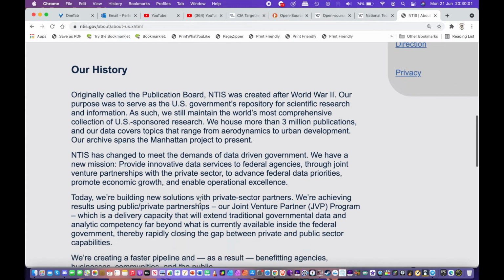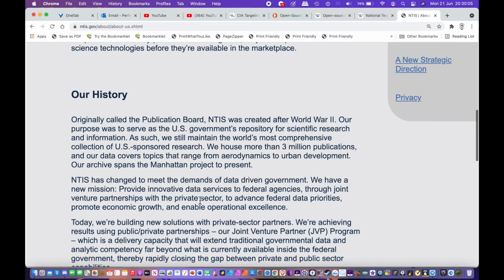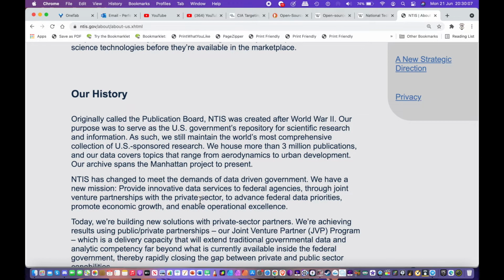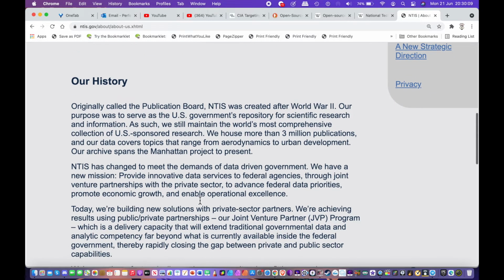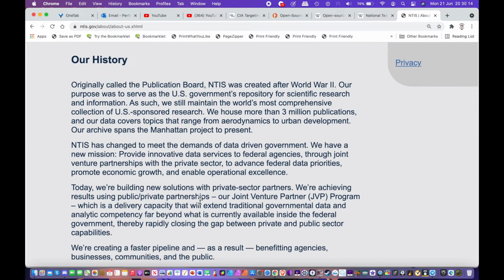It's 2030. So it was created after World War II. They house 3 million publications, and our data covers topics that range from aerodynamics to urban development. Our archive spans the Manhattan Project to present.